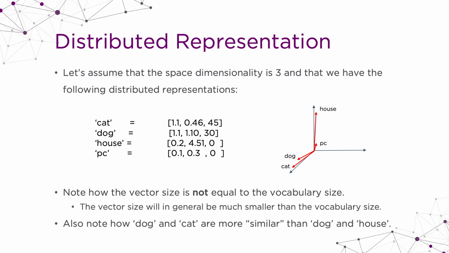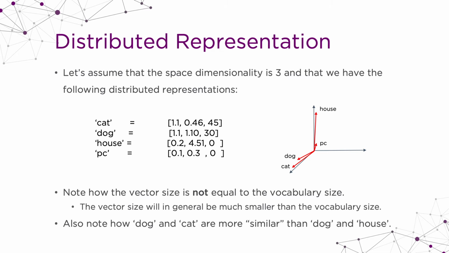But the idea is to obtain something like in this vector space here. So you see that now dog and cat are vectors that are closer than, for example, dog and house. And now I can use this freedom of putting the vectors the way I like to really capture the semantics of the words.